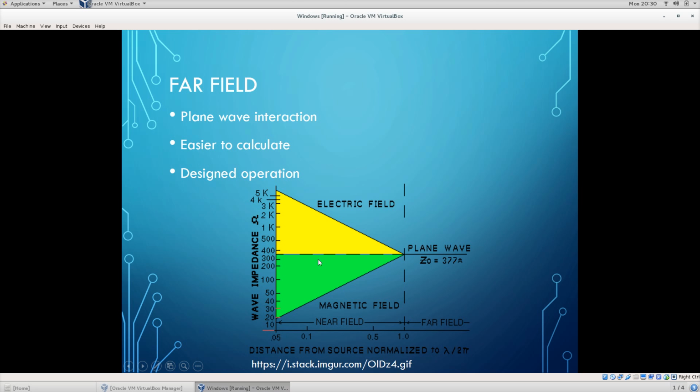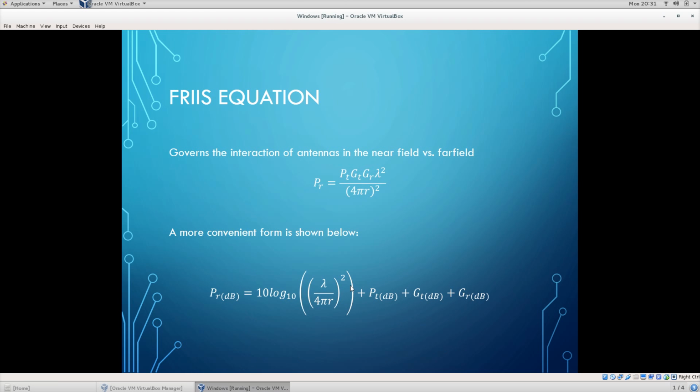As you get farther and farther along until you reach the far field, it goes from around 5K down to 377 ohms, or from 0 up to 377 ohms. These two items are the magnetic field and the electric field of the wave as it's moving along. You can visualize this cone as part of the reason why we try to do our measurements in the far field. It gives us a nice little point.